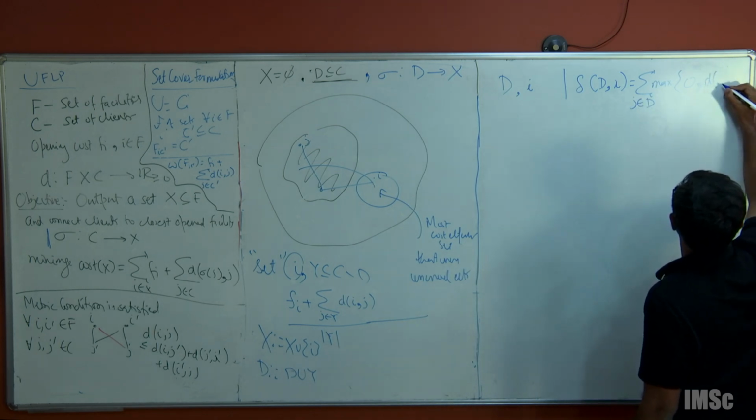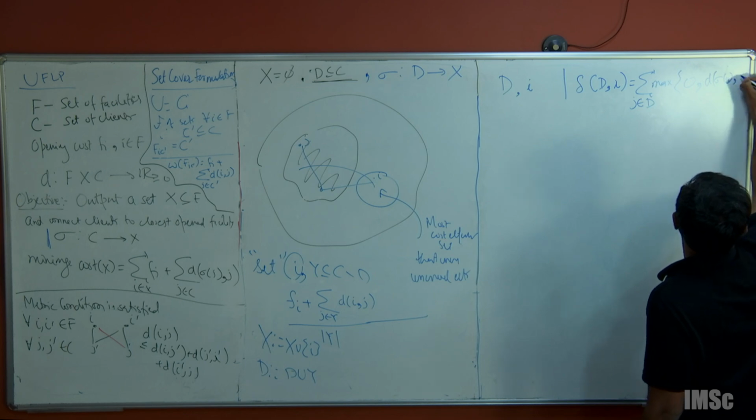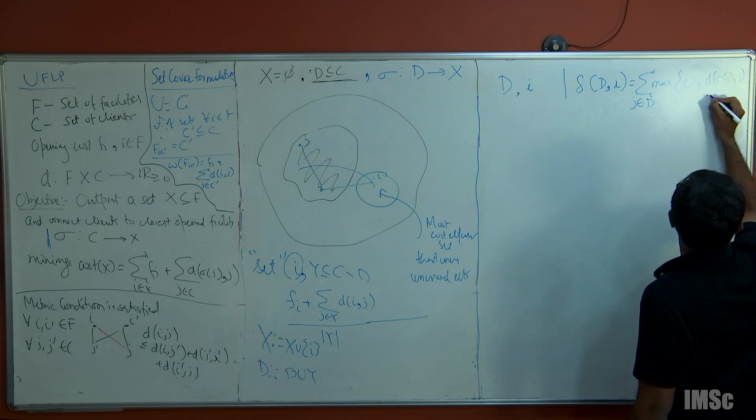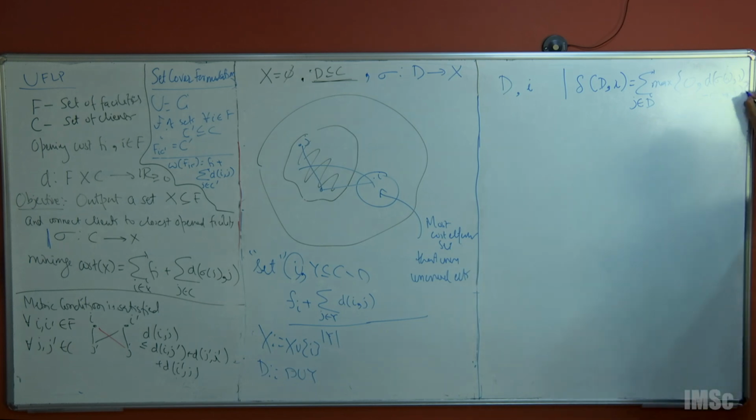So before it was assigned to which one? Sigma of J, and now it is assigned to I comma J. So whichever cost is extra, I take. So when is this quantity negative? When assigning to I is more expensive, then let us not assign him.